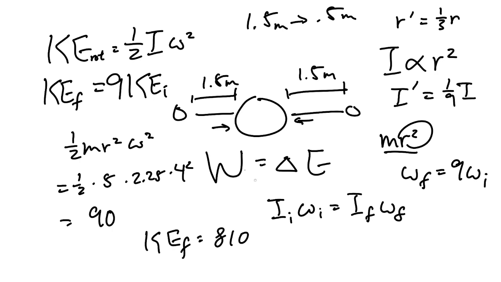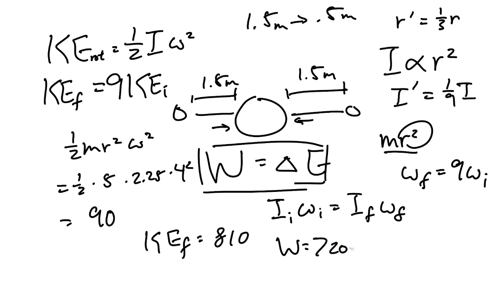And remember that our work is going to be our change in energy, right? So that means that our work is going to be equal to our final kinetic energy minus our initial kinetic energy. And we can already determine that that's 9 minus 1, which is 8 times our initial kinetic energy. And that's going to give us 720 joules, right? I forgot units.